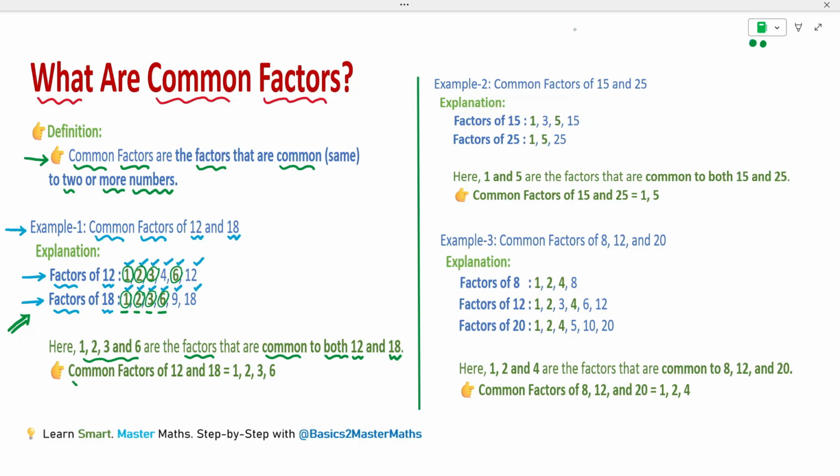Therefore, common factors of 12 and 18 are 1, 2, 3 and 6. Got it?